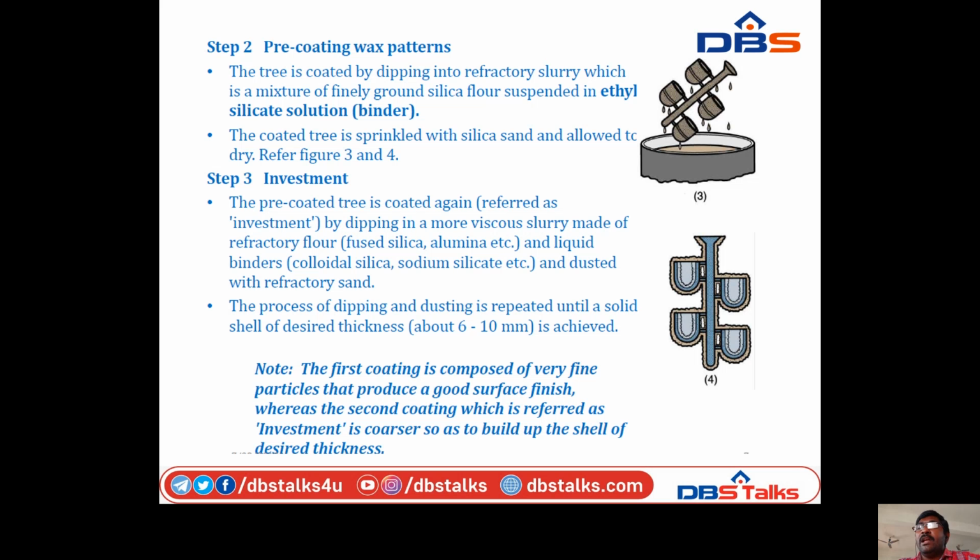Step number 3, investment. The pre-coated tree is coated again, referred to as investment, by dipping in a more viscous slurry made of refractory flour. Refractory flour means silica or alumina, etc., and liquid binders such as sodium silicate, colloidal silica, etc., and dusted with refractory sand.